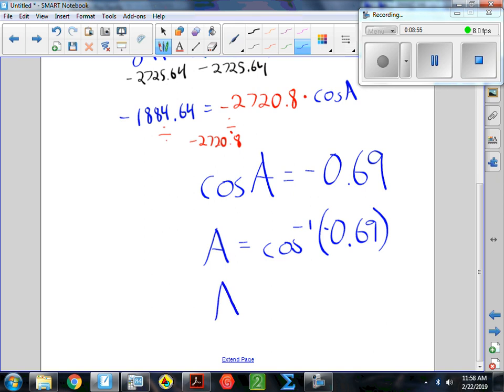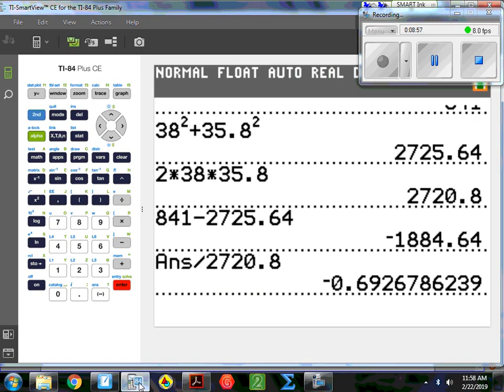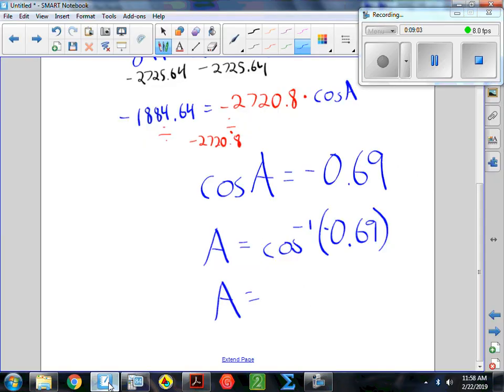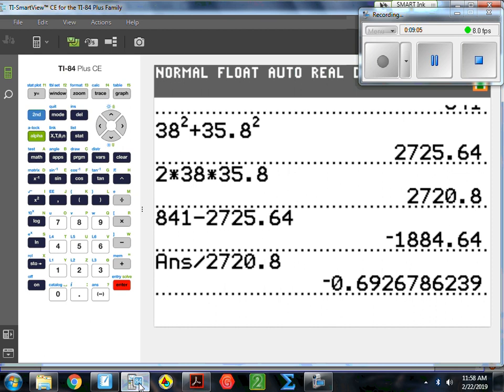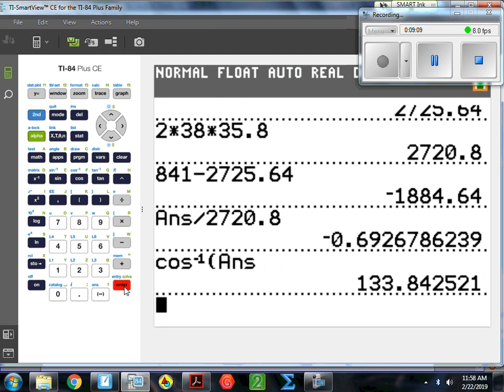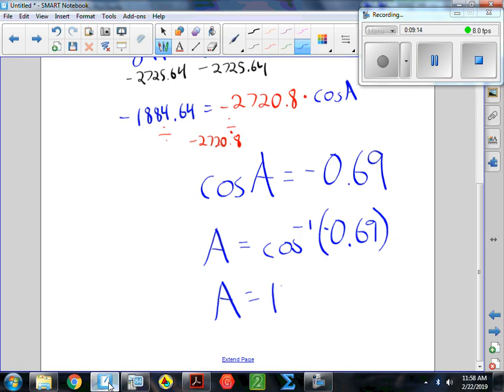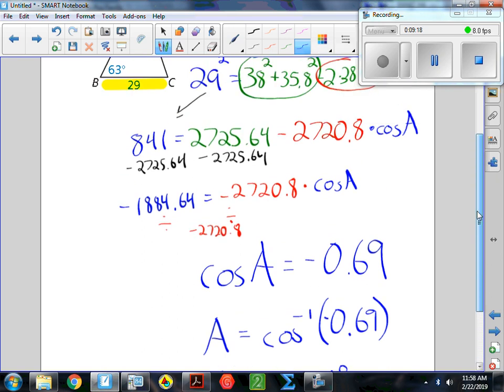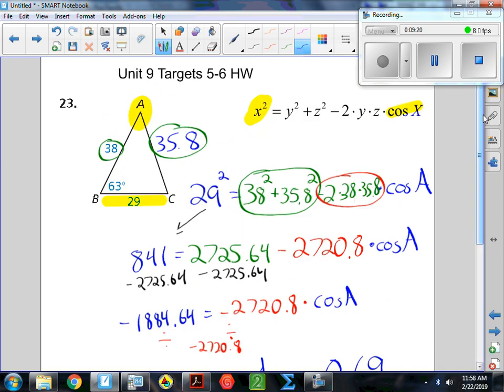And I get A with my calculator. I'm going to turn off my marker first. So second cosine, second answer, 133.8 degrees. A is 133.8.